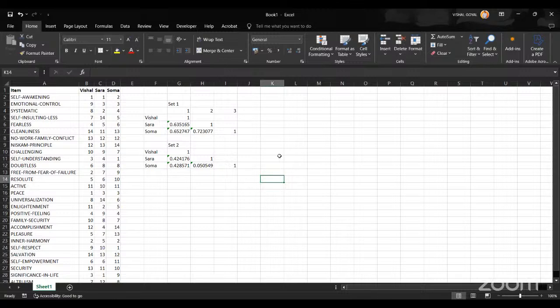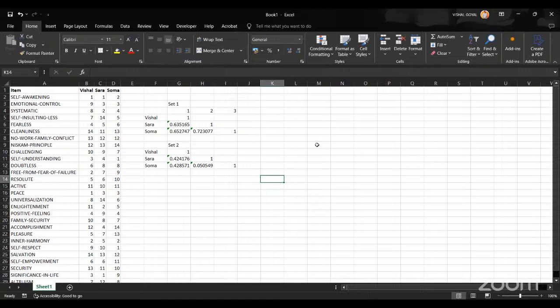Okay. So now you interpret this data. Set 1 and set 2. Set 1 basically indicates the path-oriented values, and set 2 indicates the goal-oriented values.